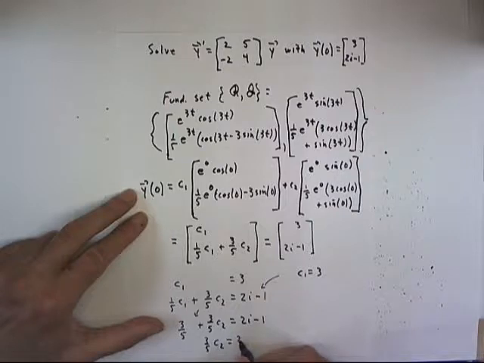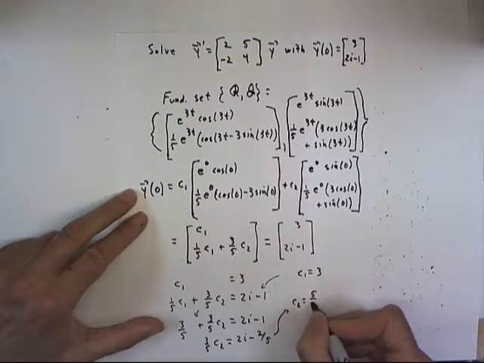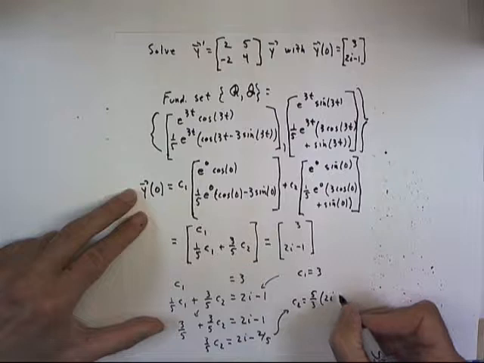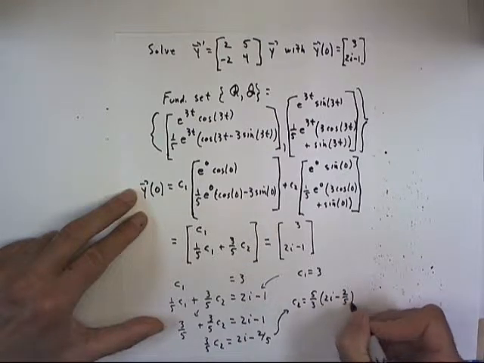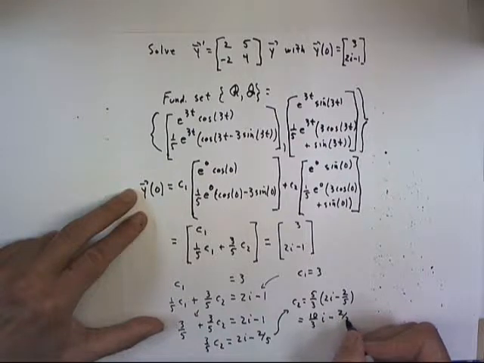That's going to give us 2i minus 2/5. So that c2 equals 5/3 of 2i minus 2/5, which equals 10/3 i minus 2/3.